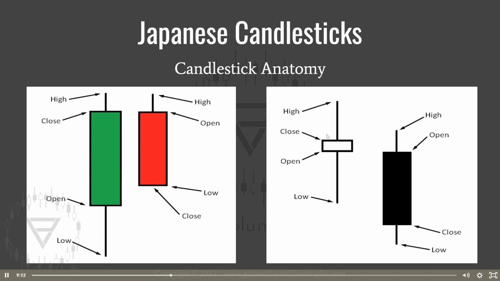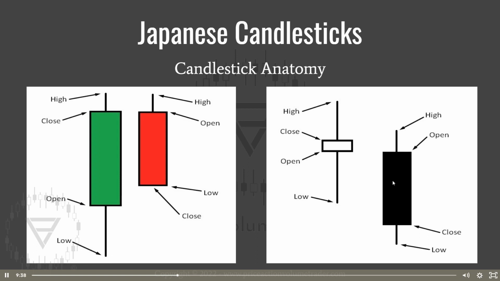Same thing would be here in these examples. We got a small candle body that is bullish because we have a close that is higher than the open, and then we have a big low wick, with the extreme low point here, and a large top wick with an extreme high over here.